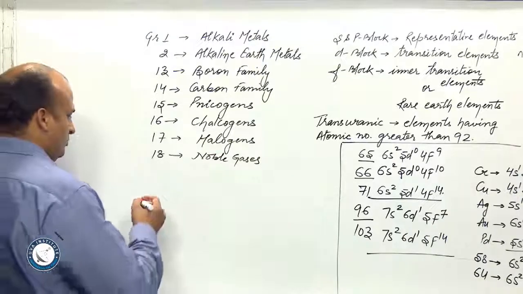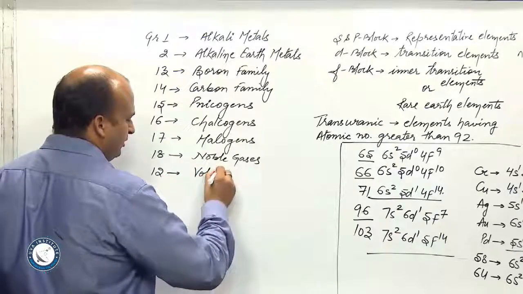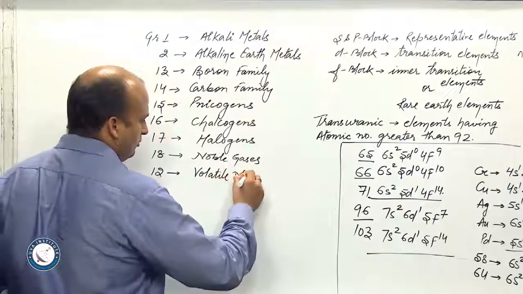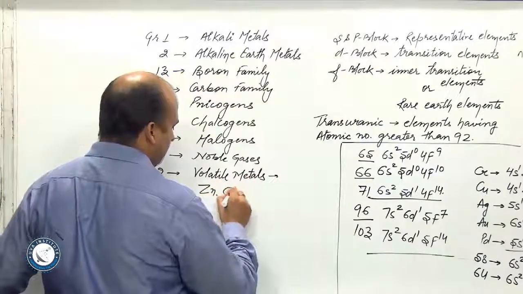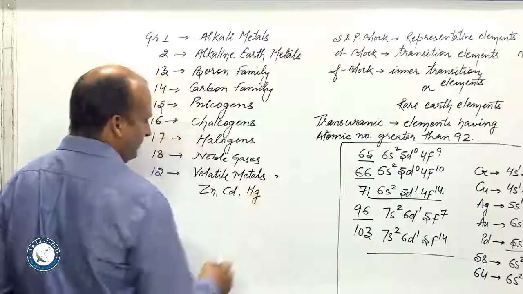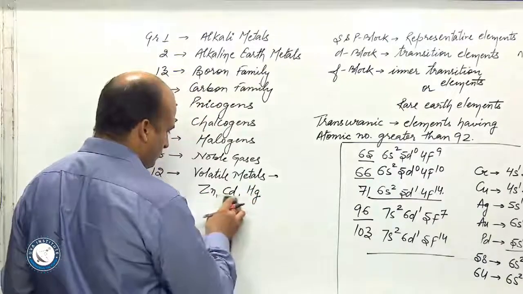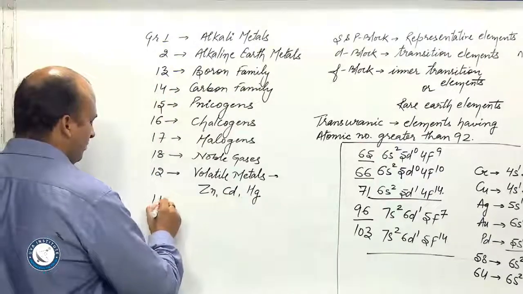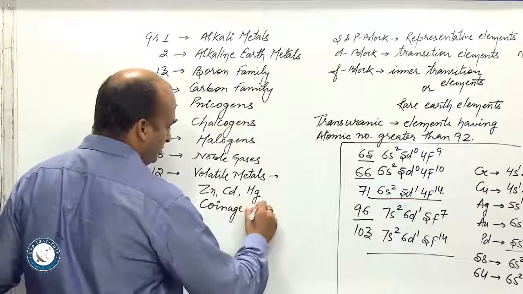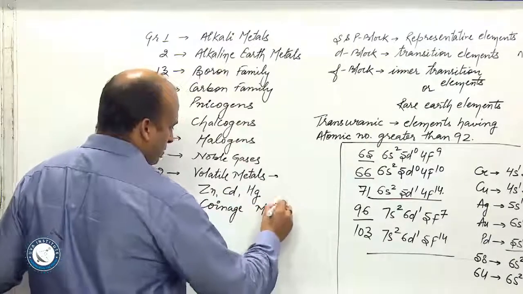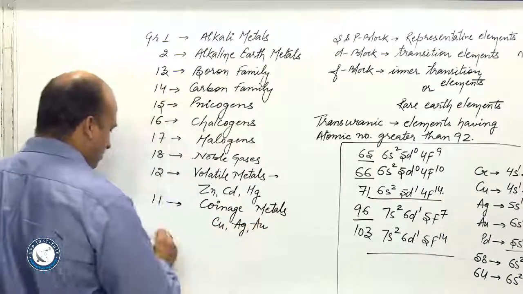Now, group 12, volatile metals. Which are the volatile metals? Zinc, cadmium, mercury. Okay. Group number 11, coinage metals. Copper, silver, gold.